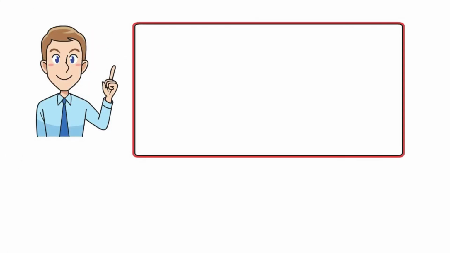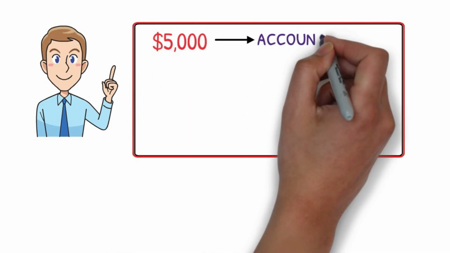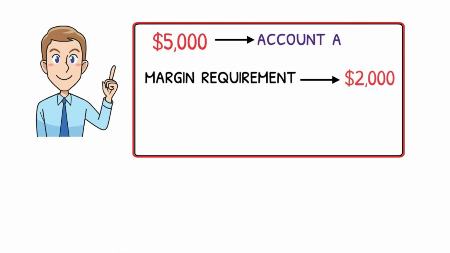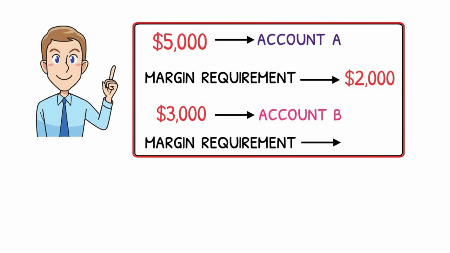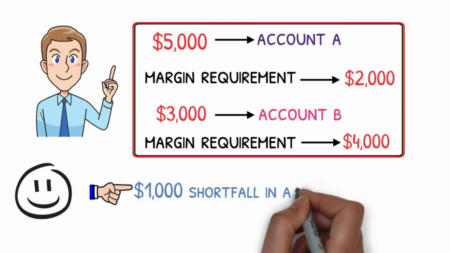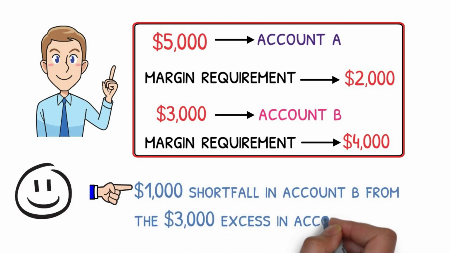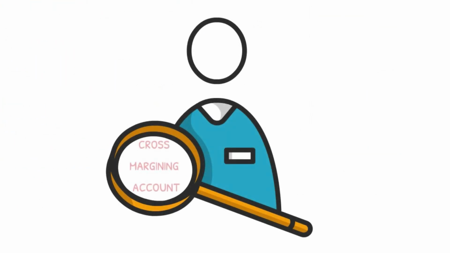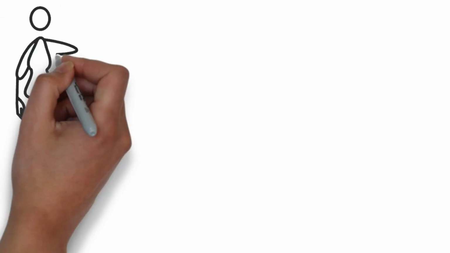For example, if a trader has $5,000 in account A with a margin requirement of $2,000 and $3,000 in account B with a margin requirement of $4,000, the client can easily satisfy the $1,000 shortfall in account B from the $3,000 excess in account A if they had a cross-margining account set up.